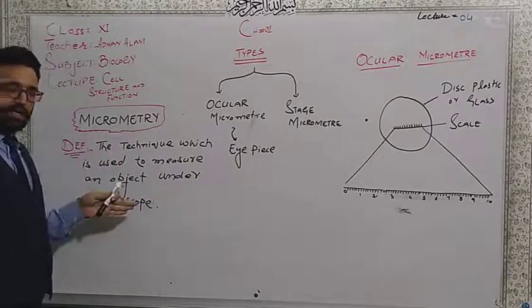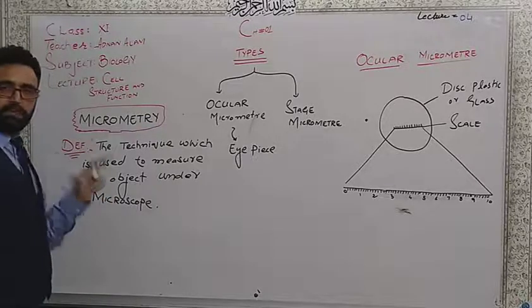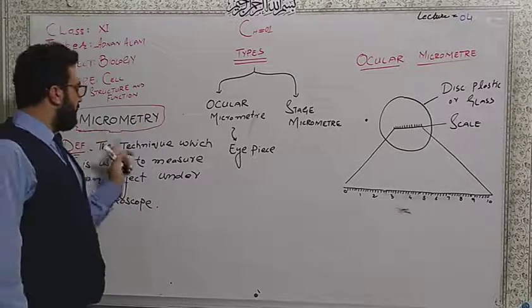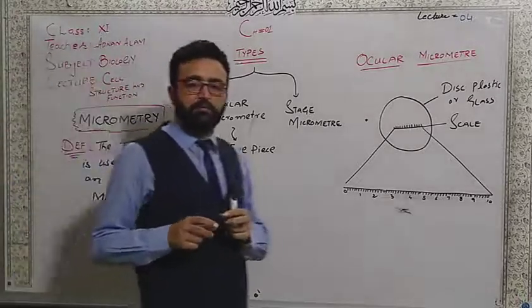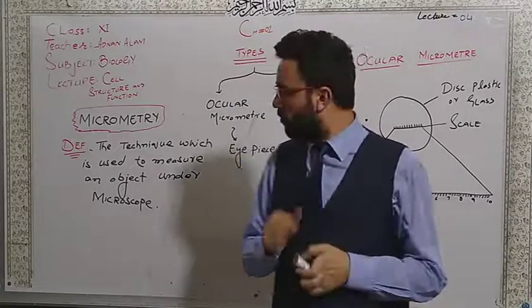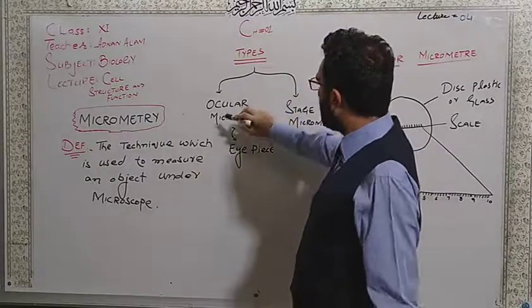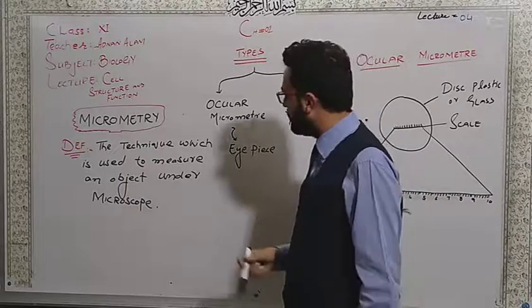This is the technique which is used to measure an object under the microscope. It is a technique by which we can measure any object which we are studying under the microscope. It has two types: ocular micrometer and stage micrometer.